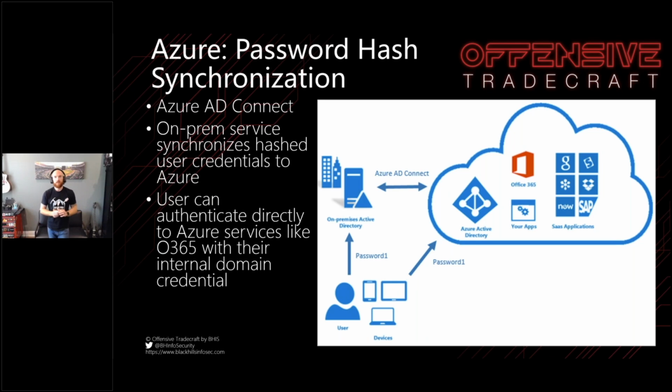It's interesting because since the AD Connect service is constantly updating, there have been vulnerabilities found. Dirk-Jan, one of the main researchers in Azure security, found a vulnerability where the AD Connect account could be utilized to dump all the creds for the domain, because the Azure AD Connect account can DC sync.